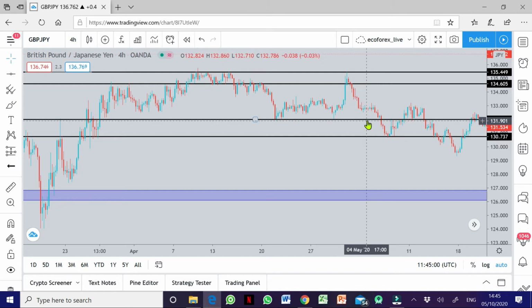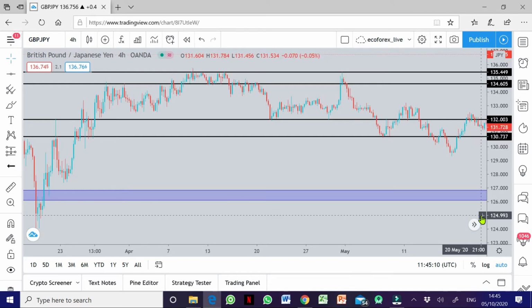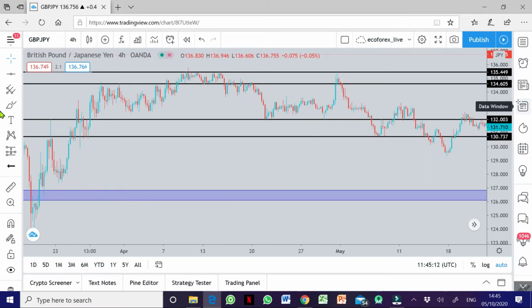This one acts as a support, this one resistance, main support inside, and then there's a resistance line there. So let's see how it goes.